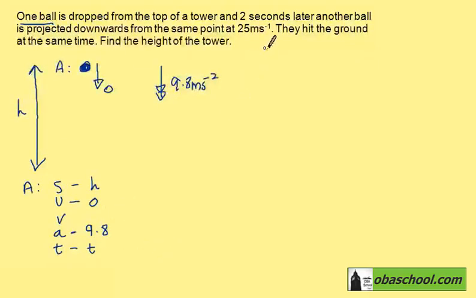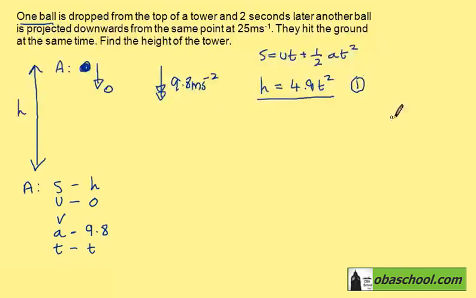If we use S equals ut plus a half at squared, then we get h equals, since u is 0, this is 0, half of 9.8 is 4.9, so h is 4.9 t squared, and I'm going to call that equation 1.